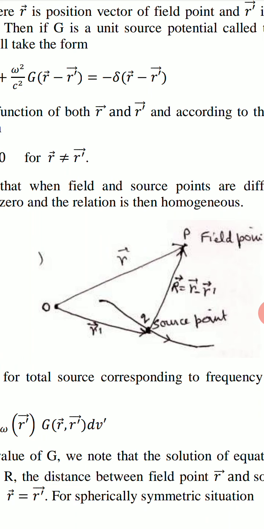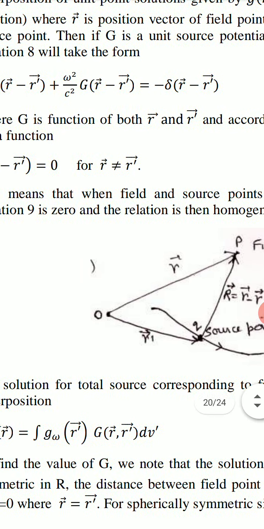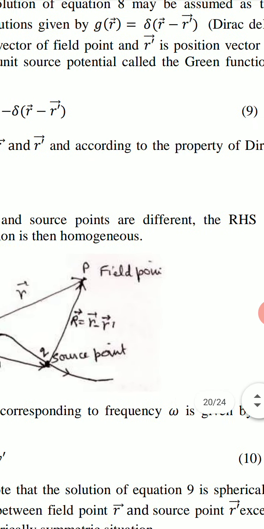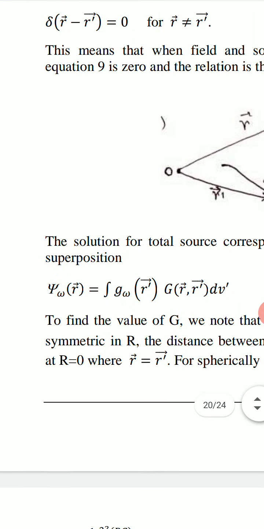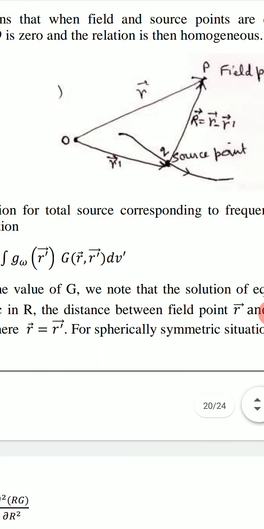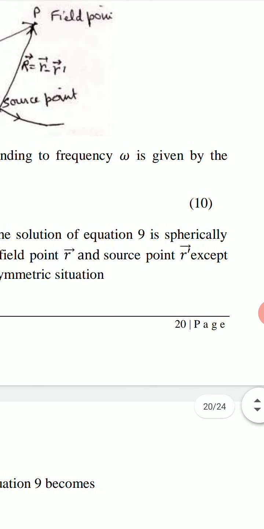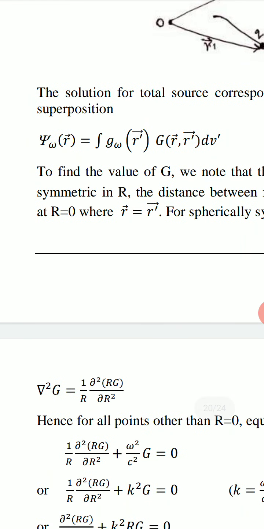So when field point and source point are different, the right hand side of equation 9 will be 0, and then the solution of equation 9 is spherically symmetric in capital R.